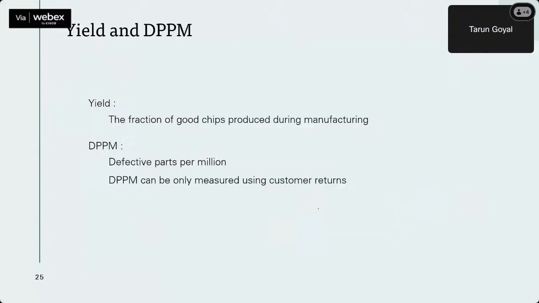Coming to yield: yield is basically the fraction of good chips produced during manufacturing. And DPPM, which we were talking about, means defective parts per million. We target 1 to 2 DPPM for auto parts, and CPU companies target 200 to 300 DPPM.